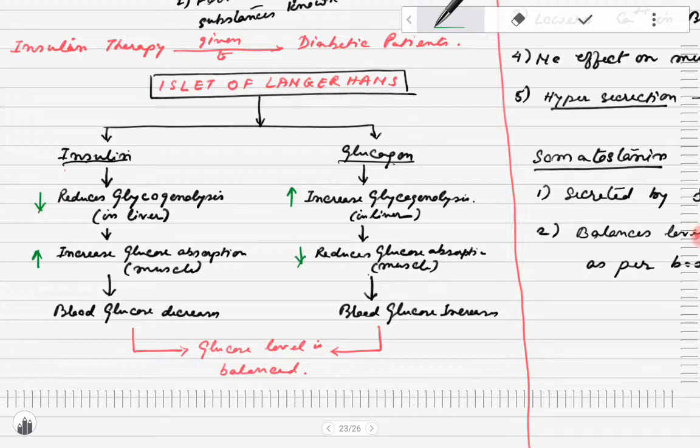So blood sugar level decreases, and there is also an increase in the blood sugar level. Thus, overall, this glucose level is balanced.